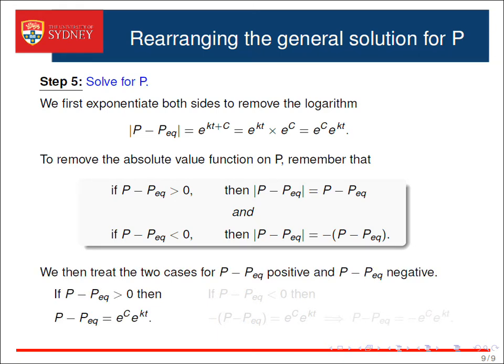If P minus P eq is positive, then we just get P minus P eq is equal to e to the c times e to the kt. On the other hand, if P minus P eq is negative, then we get negative (P minus P eq) is equal to e to the c times e to the kt, which implies P minus P eq is equal to negative e to the c times e to the kt.